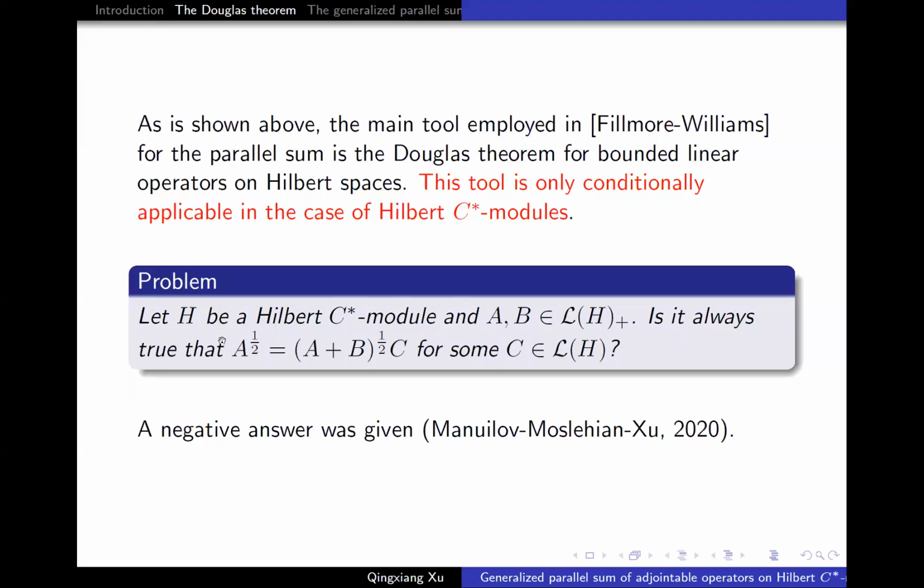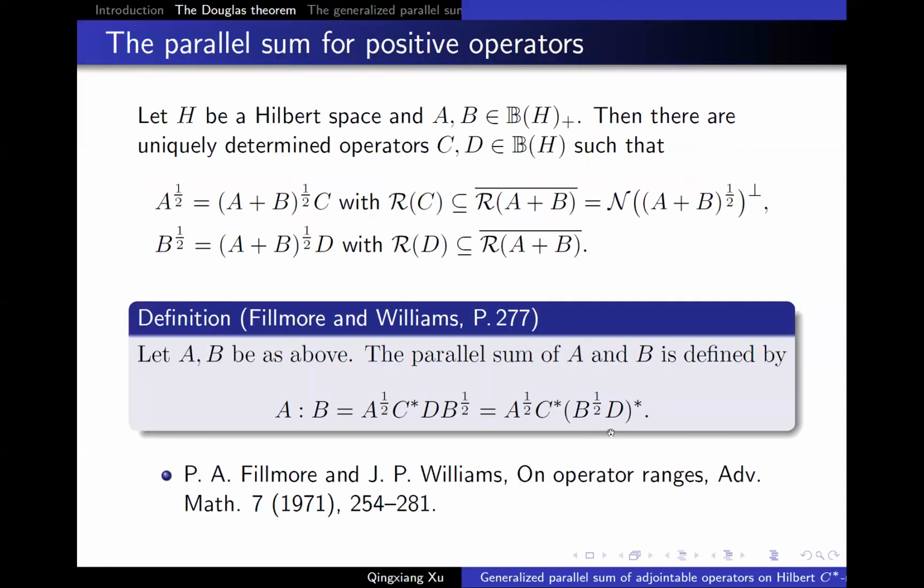And one problem is: in Hilbert modules, with A and B positive operators, is it always true that this equation is solvable? Remember that in the Fillmore and Williams framework, this is solvable. But unfortunately, we give a negative answer recently in our joint work. So if we want to make some generalizations, we need some new conditions to be put in.